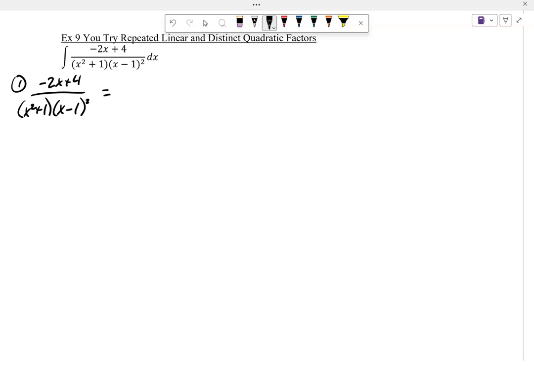Now I've got this repeated linear factor. So let's account for the quadratic factor. So I'll have ax plus b over this distinct quadratic factor. Now my (x minus 1) squared, that's a linear factor, but it's repeated. So I'll have a c over it and then a d over it squared.